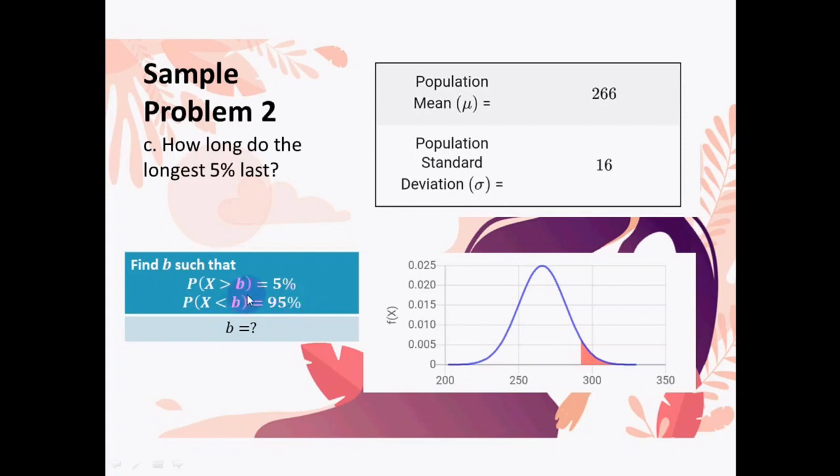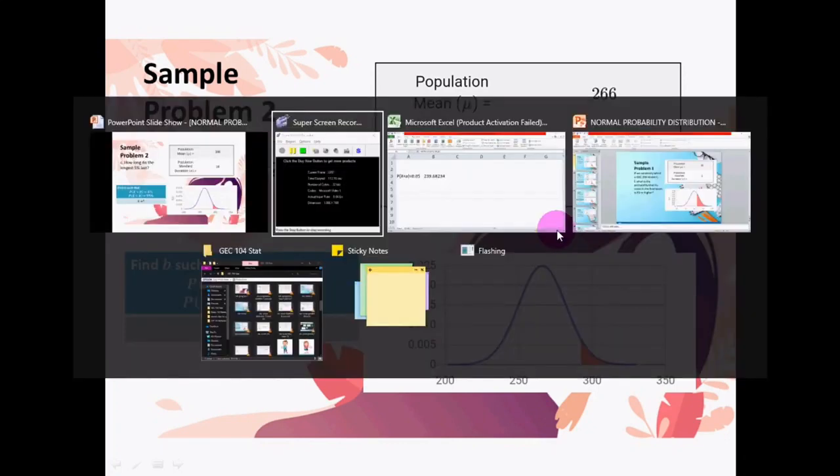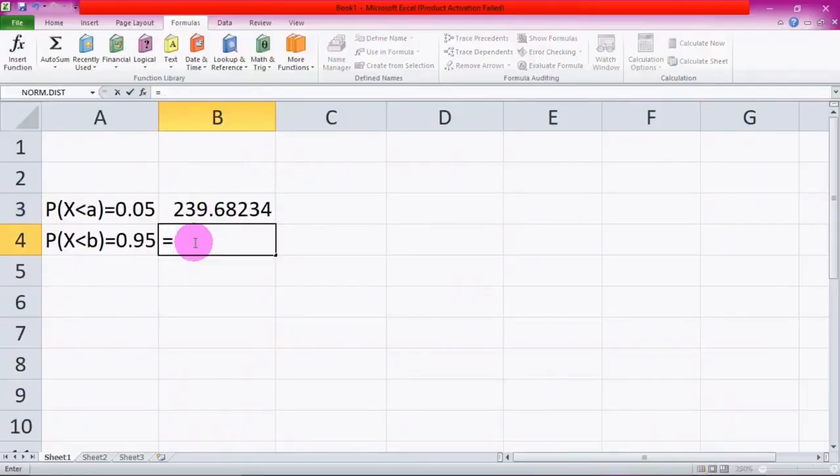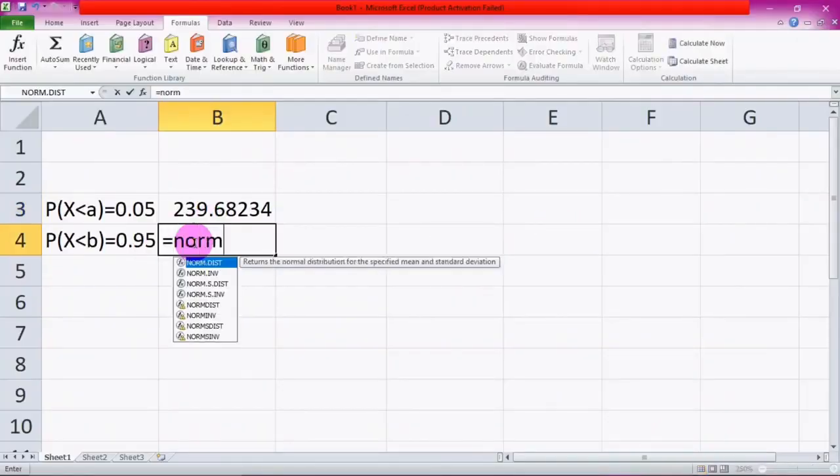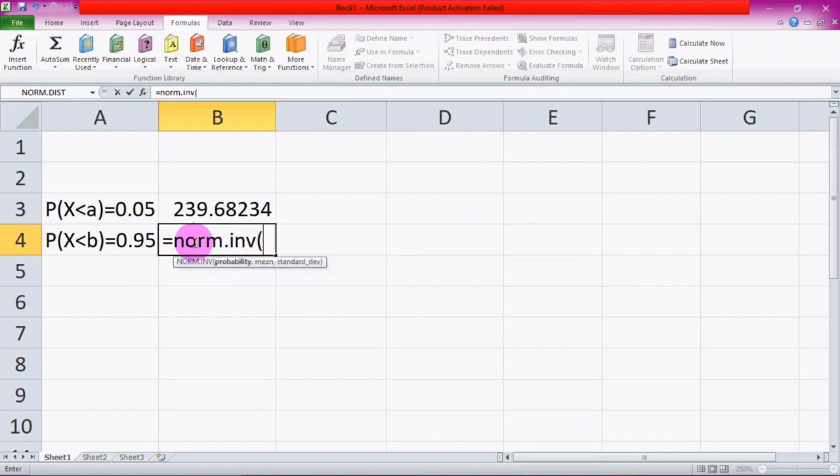Kasi kung ang nasa area na nasa right side niya is 0.05, it means the area to its left is 0.95. Itong less than B, ito siya yung pwede natin gamitan ng Microsoft Excel. So we will use the probability 0.95. Using Microsoft Excel, equal sign, then norm dot inverse again, open parenthesis, the probability is 0.95.